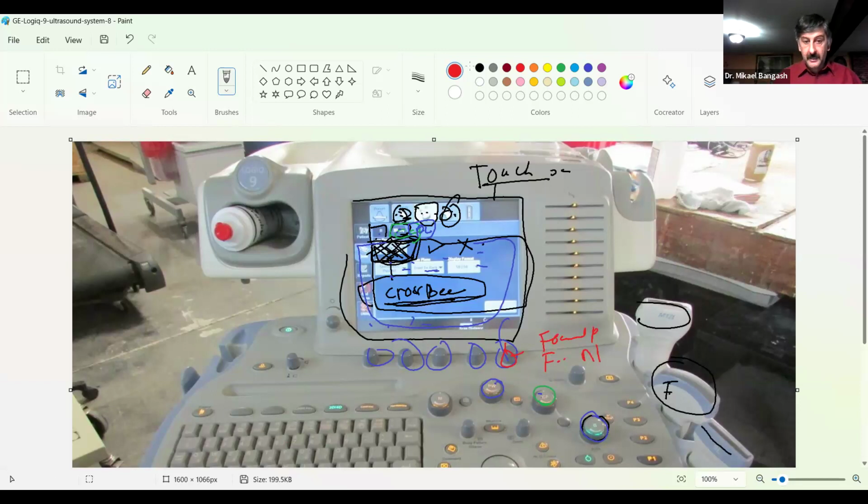In B mode, this one here was going to be your dynamic range, pretty much what's going to be your compression. In B mode as well, this one here is your power output.